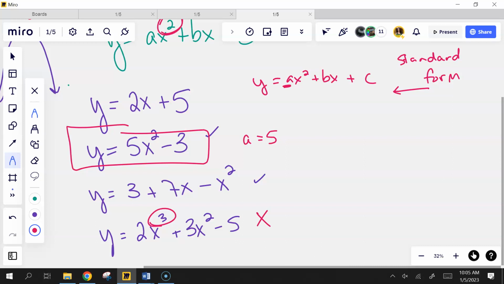So what do you think b is? 0. If I just had an x there in the middle, it would be 1. But if it's missing altogether, it's 0 because I can always add 0. How about c? 3. Close. Negative 3. Y'all okay with that? How about the next one? This one's a little tricky. What's a?